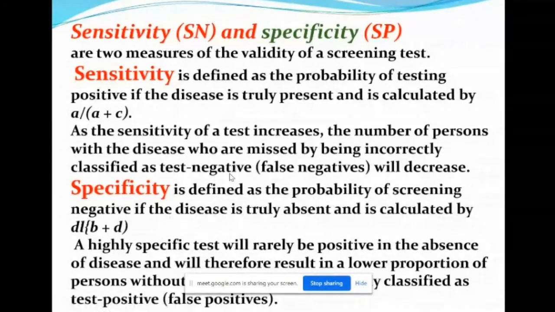So increasing sensitivity of a screening test will lead to lowering false negatives. On the other hand, increasing specificity of a screening test will lead to lowering of the false positives.